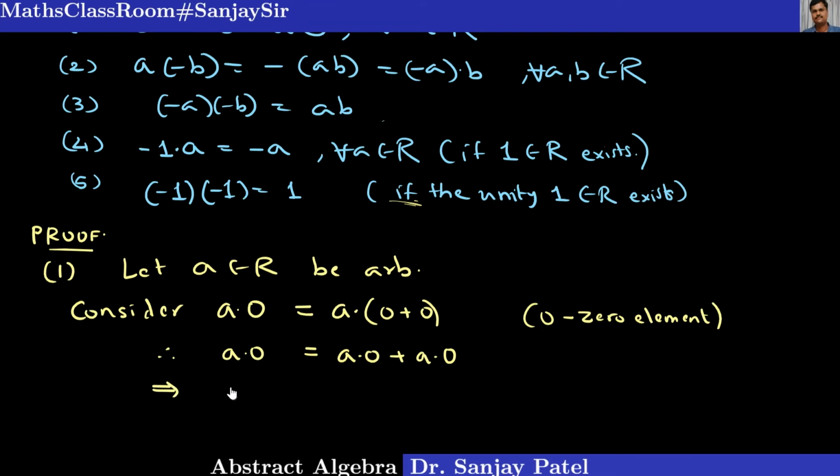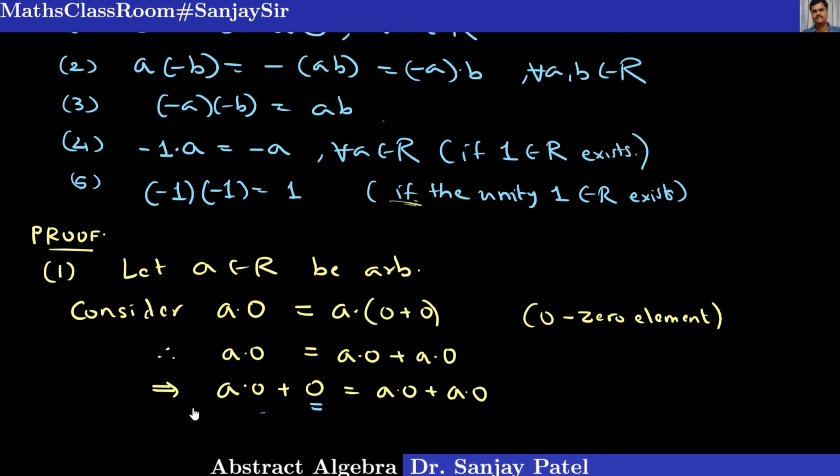This I can write as A into 0 plus 0 is equal to A into 0 plus A into 0, because again 0 is the identity element for addition. x plus 0 is equal to x. So I can replace the left hand side by this expression. And now we know (R, +) is a group. The ring is a group with respect to the addition operation.